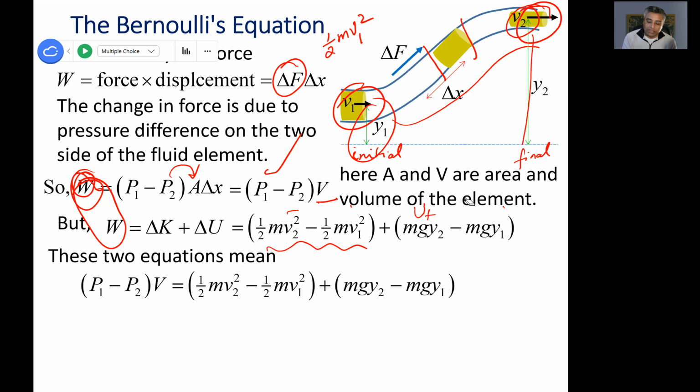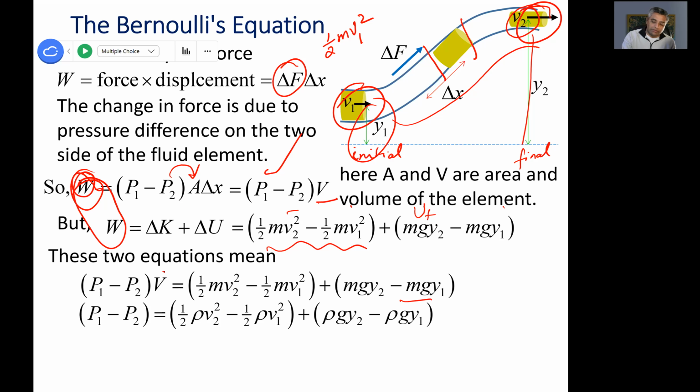So what I can do is divide both sides by V, means I need to divide all terms by V, with V here being the volume. Uppercase V is volume, lowercase v, they are velocities, okay? So what happens? Mass over volume is density. So I can replace all masses by density.